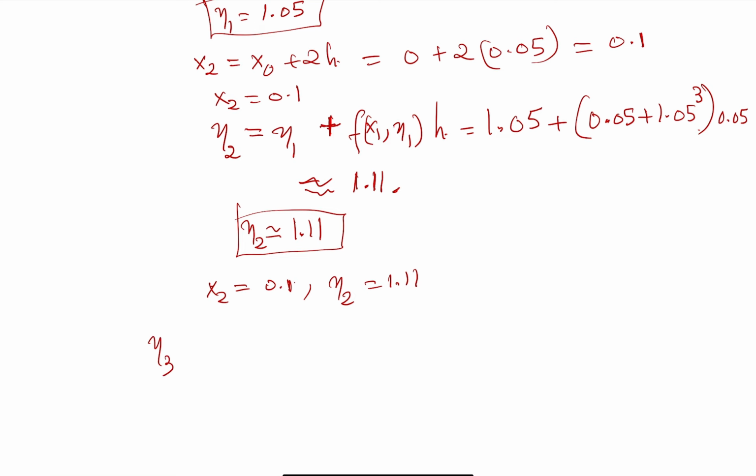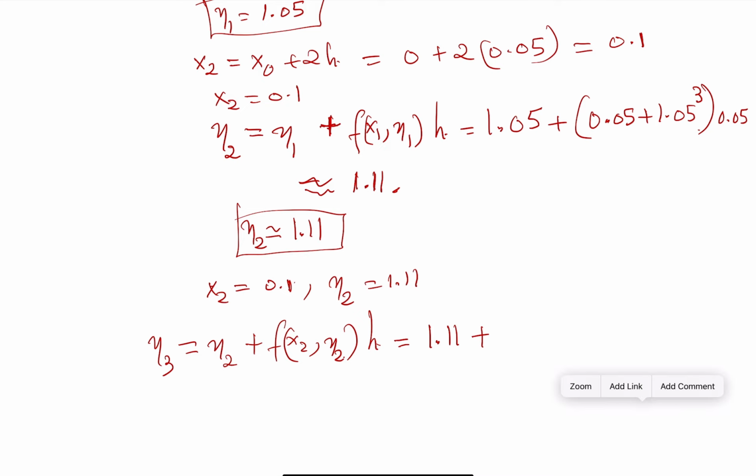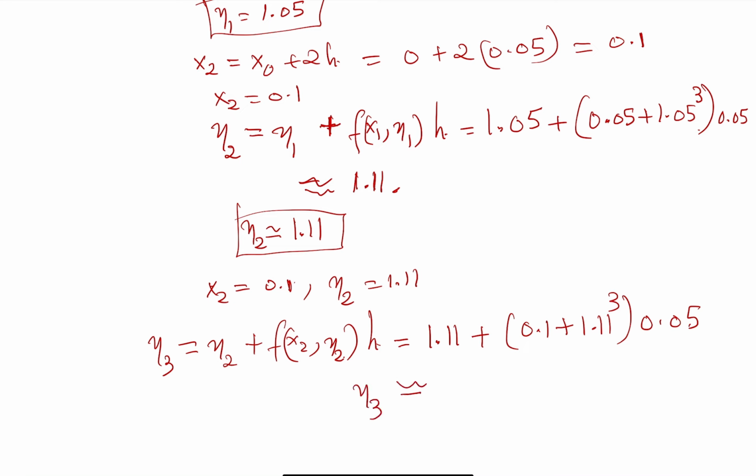So y3 is our next step. y3 is y2 plus f of x2, y2, times h. So y2 is 1.11 plus the function, which was x plus y to the third: x2 is 0.1 plus 1.111 to the third, times 0.05. And then we can have y3 at the end.